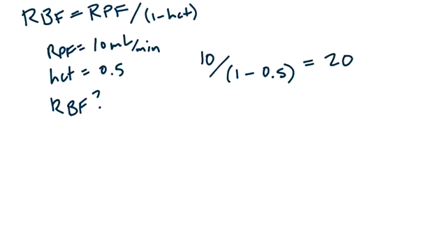Now let's say the patient has polycythemia vera. Remember, this is just a disease where the body produces too many red blood cells. So instead of having a hematocrit of 0.5, we now have a hematocrit of 0.7.